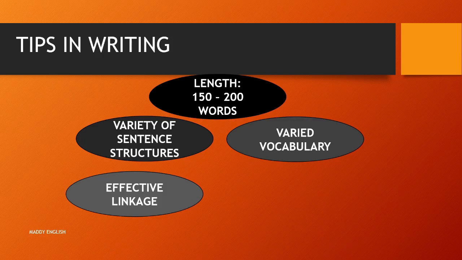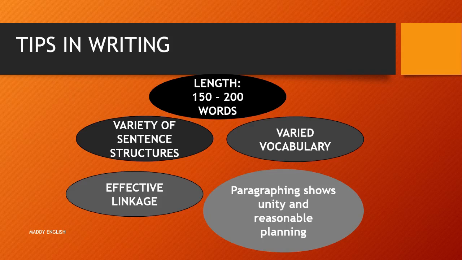Effective linkage. Ensure that you use linkers correctly when you want to show an opposite idea or an additional idea. There are different linkers. You might want to go back to your book to refer to these linkers. Paragraphs show unity and reasonable planning.